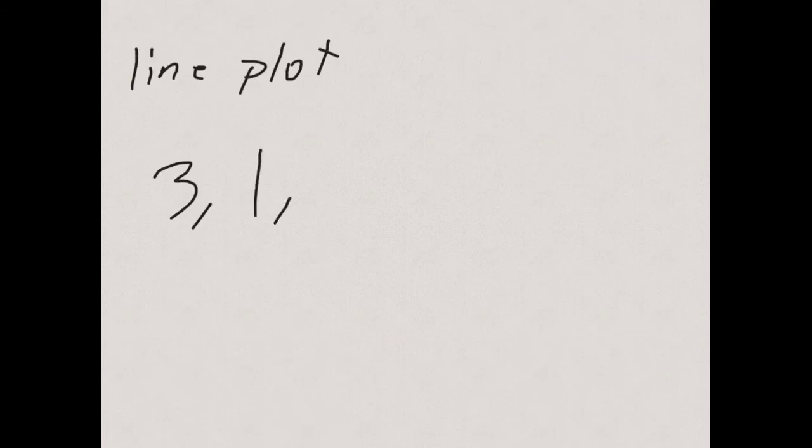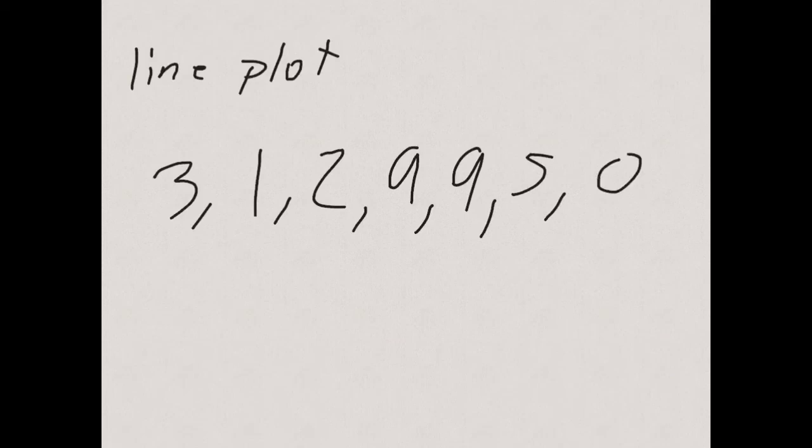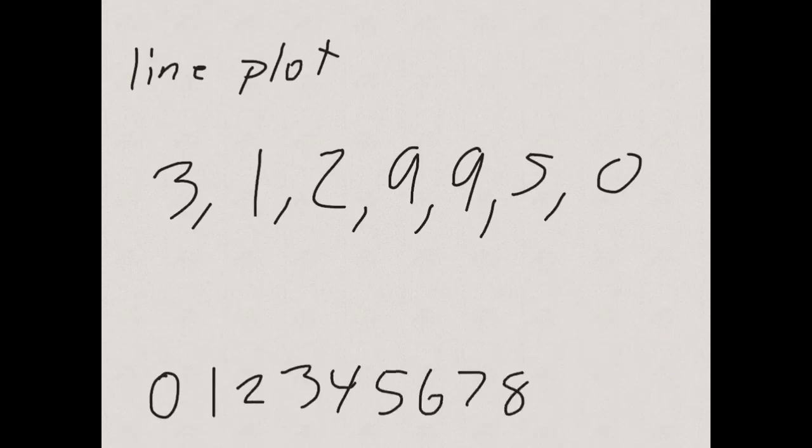Now, for our quiz, I need you to know what a line plot is. If I give you the numbers 3, 1, 2, 9, 9, 5, and 0, start with 0 and create a line plot, say to 10.